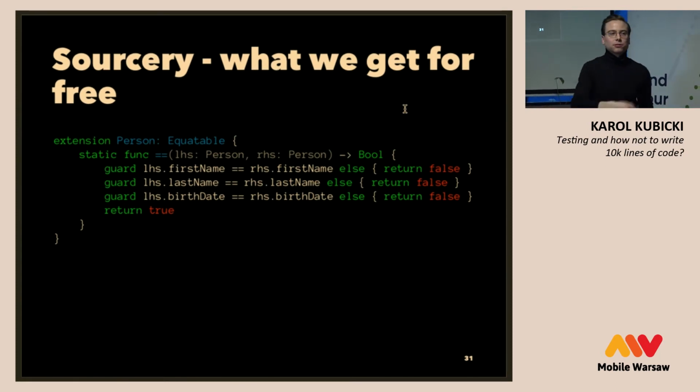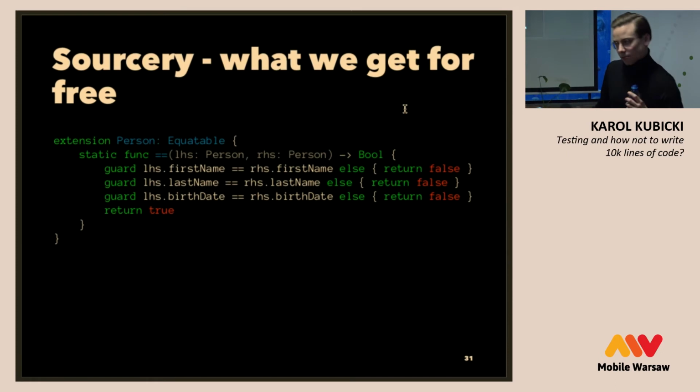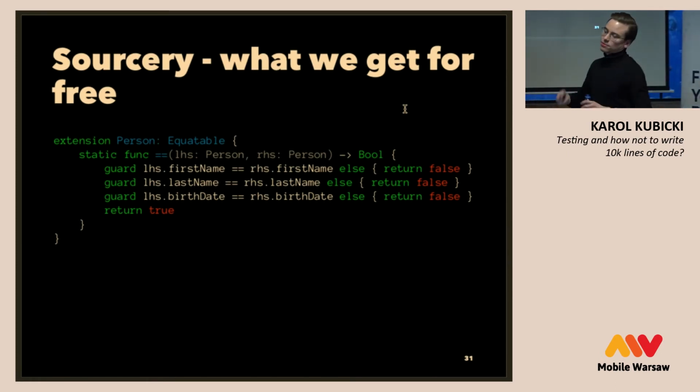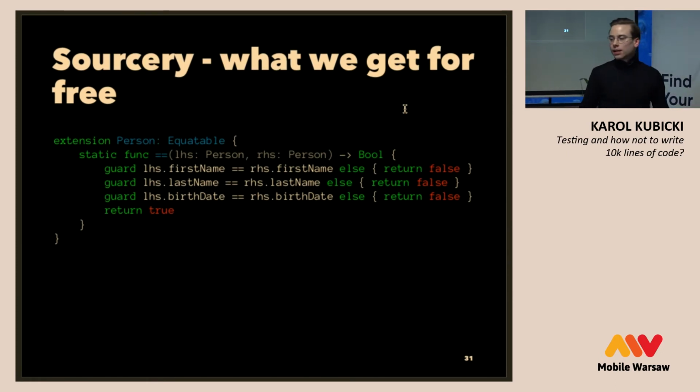So it will take every property and write this code that we never want to write, and that is error prone. So it would make our person Equatable. Swift 4 already has that, but this just gives you a sense of what we can achieve.